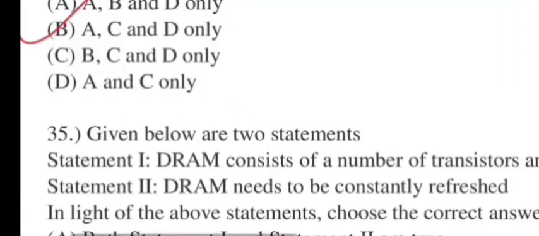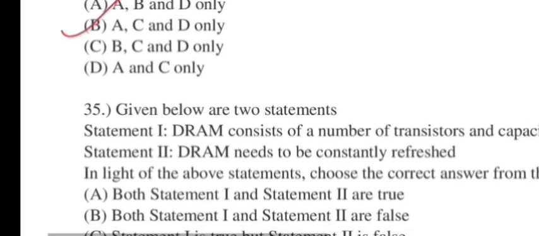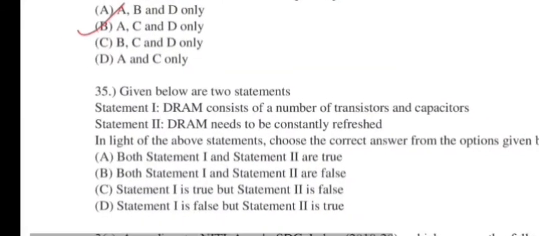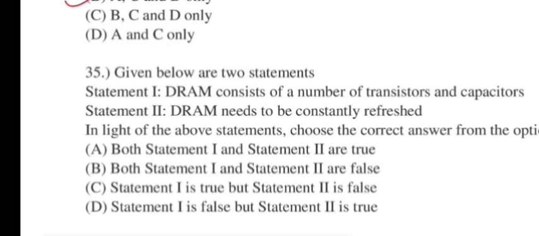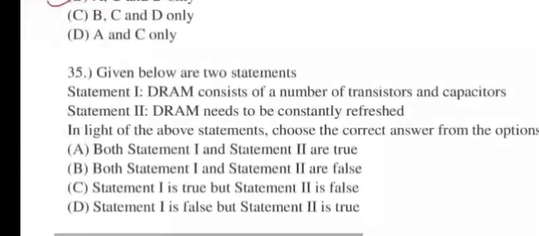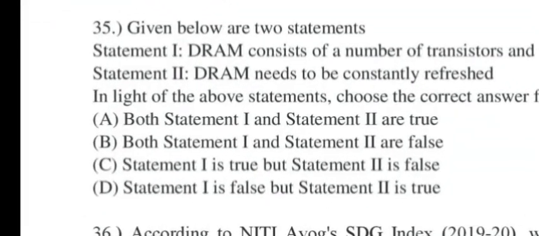35 says, given below two statements. One says DRAM consists of number of transistors and capacitors. Statement 2 says DRAM needs to be constantly refreshed. In light of the above statements, choose the correct answer from the options given below. 1 and 2 are true, 1 and 2 are false, 1 is true, 2 is false, 1 is false, but 2 is true. 35. Correct option for the question, it will be both 1 and 2 are true.